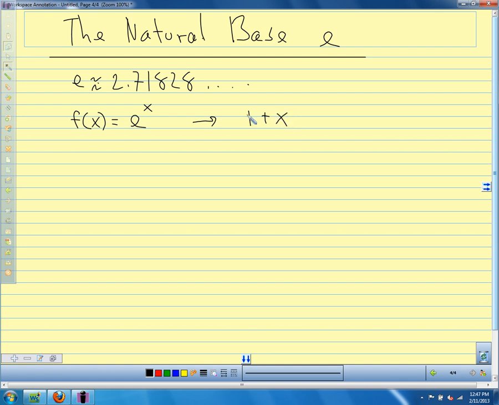We look at 1 plus 1 over x, to the x power. And as x gets very large, this expression gets closer and closer to e.